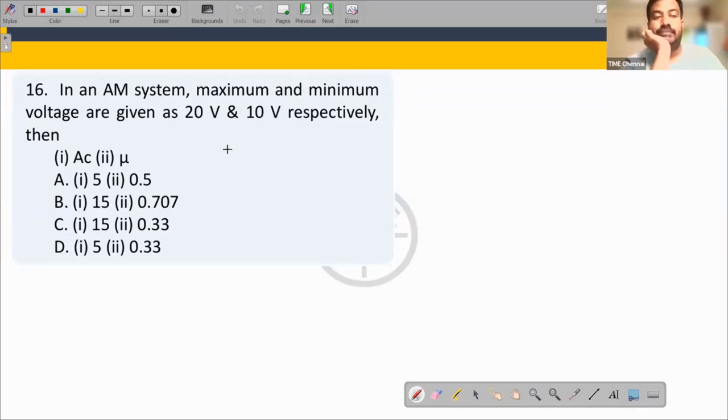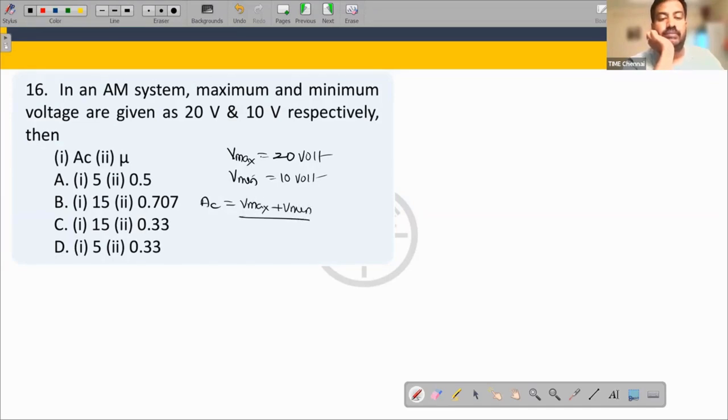Okay. In an AM system, Vmax is given by 20 volt. Vmin is given by 10 volt. AC is the average of Vmax and Vmin, which is 15 volt.